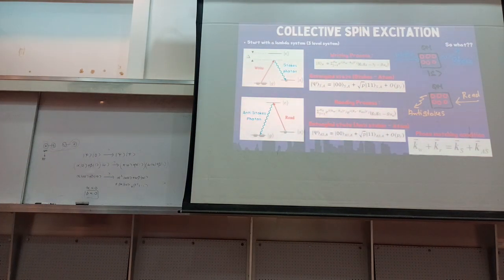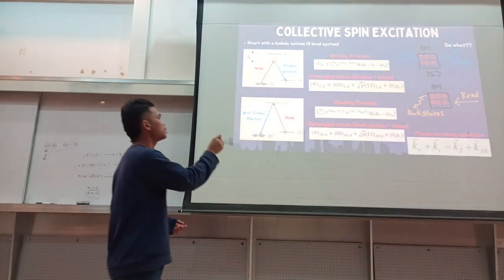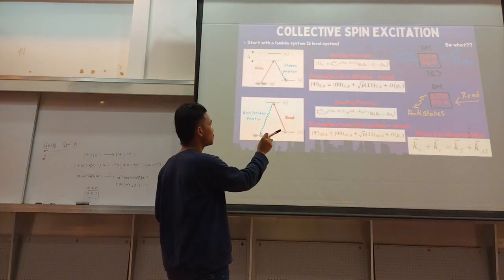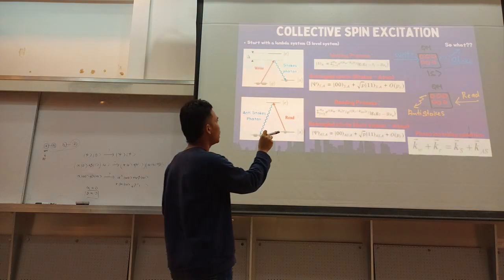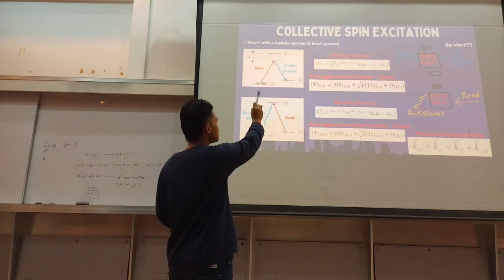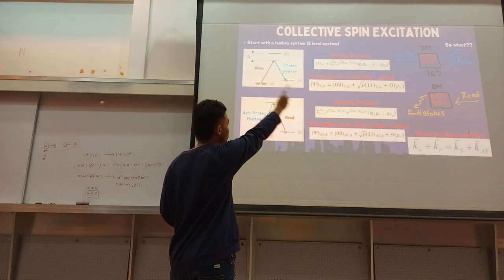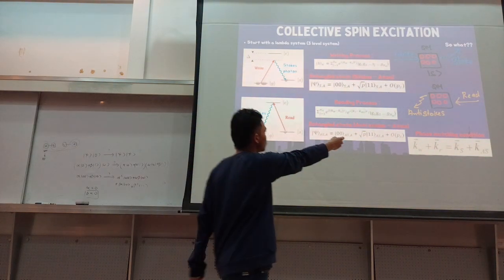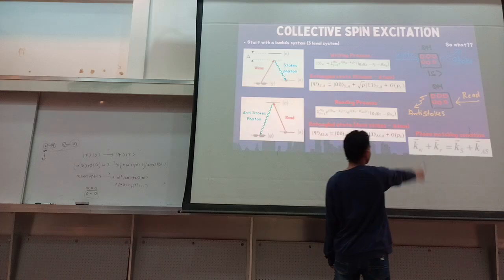Then when you want to retrieve the information that you have stored in the spin excitation state, you can apply the read pulse, and then the anti-Stokes photon will be released. The spin excitation that we have stored will be converted back to the anti-Stokes photon.